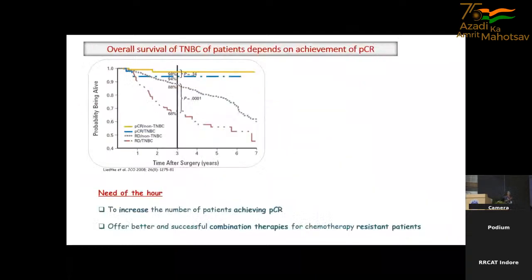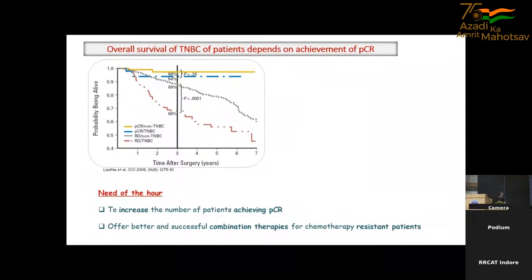So why do we need to worry about TNBC? This graph can well explain. If you see the complete pathological response, which is pCR, in TNBC versus non-TNBC patients for 7-year survival, you would see that if the patient is doing good and is treated completely without residual disease, the chance of survival for the patient of TNBC versus non-TNBC is not so different.